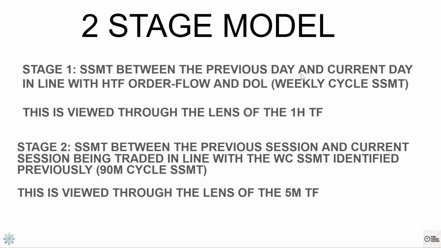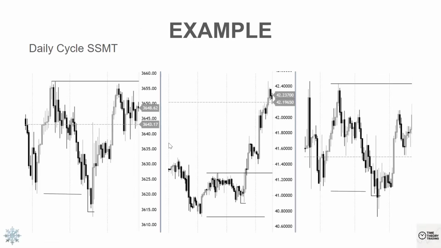All right, so let's look at an example here. The daily cycle SSMT. This is the 1 hour chart, gold. What we see is this is the previous day, this is the current day.